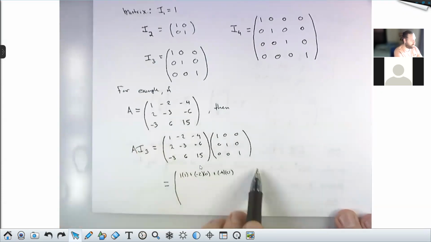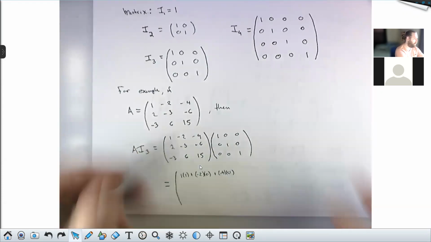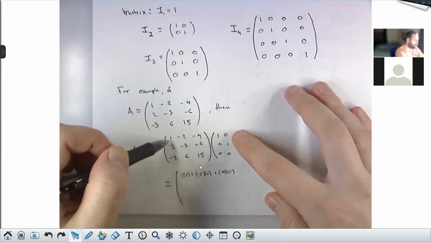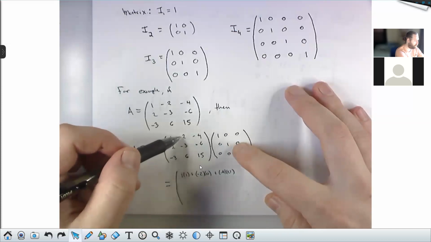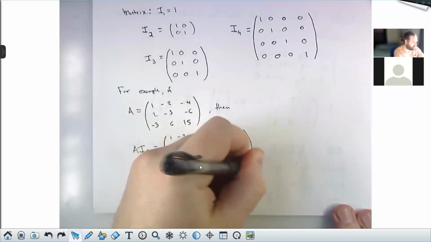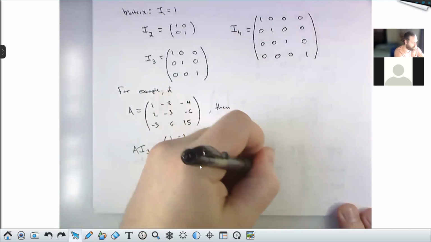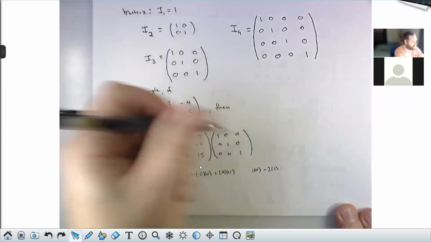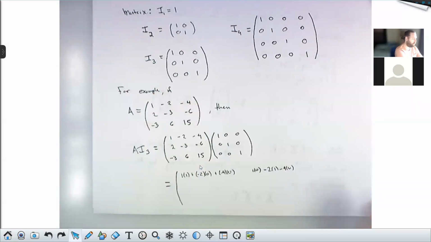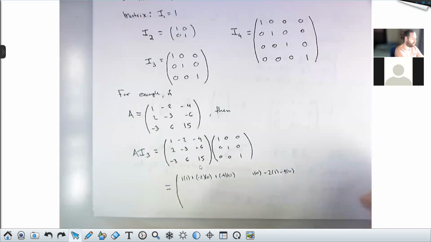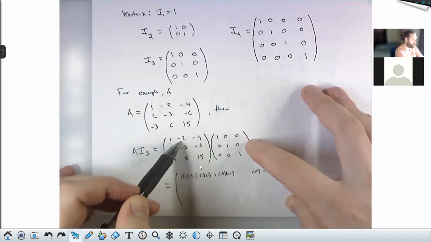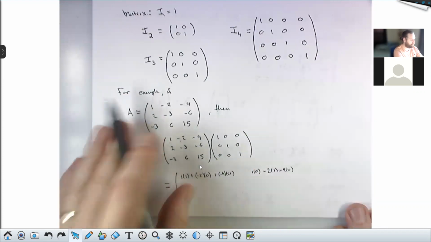If I want to know what goes in the first row, second column, I would take the first row of A and the second column of B. So that would be 1 times 0 plus negative 2 times 1 plus 0 times 4. If I want to know what goes in the 1, 3 position, I take the first row of A and the third column here. So that's 1 times 0, negative 2 times 0, negative 4 times 1.